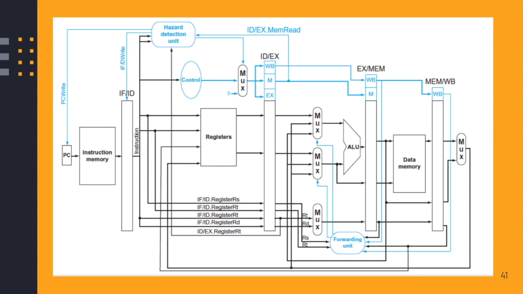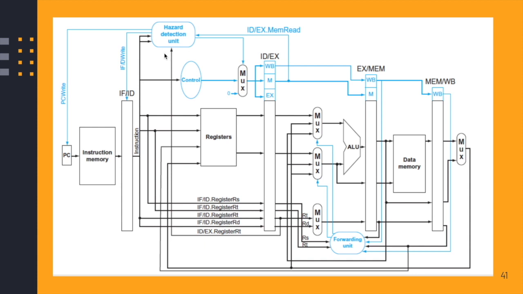So I have 4 inputs to the hazard detection unit. I have the instruction n rt, instruction n plus 1 rs and rt, and the mem read control signal of instruction n. Okay, instruction n data are stored in the id/ex pipeline register, while instruction n plus 1 data are stored in if/id.